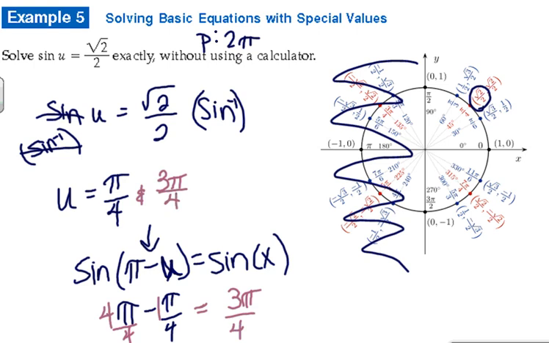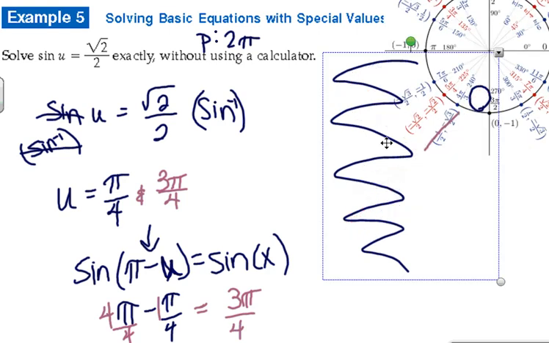But we're not done because we have to write our trigonometric equations in a certain form to account for the infinite number of solutions they have. As we pointed out, sine has a period of 2 pi. So let's move our unit circle and delete that.